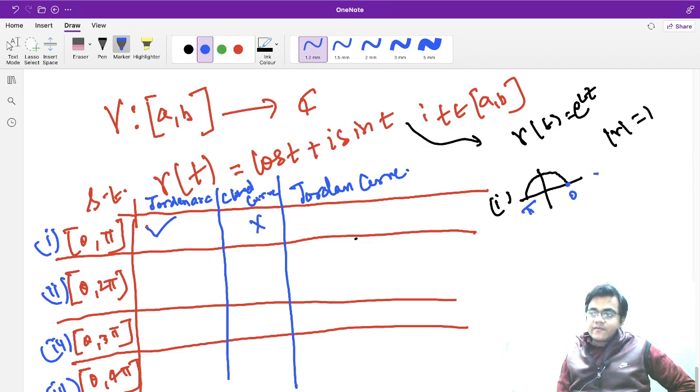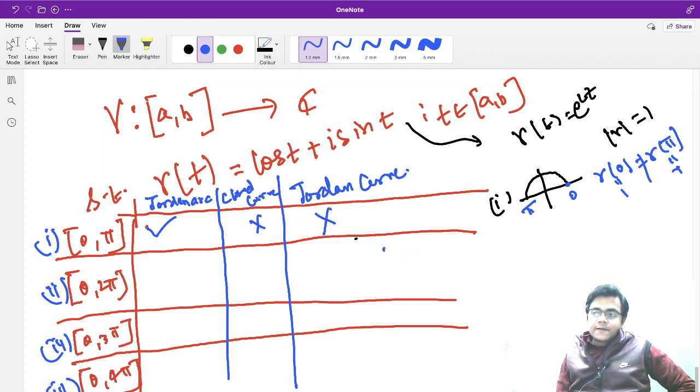Because for a closed curve, gamma of 0 should be equal to gamma of pi. Gamma of pi is cos pi, minus 1, plus iota sin pi, 0, so it becomes minus 1, while gamma of 0 is 1. So not equal, it's not closed. And a Jordan curve is a curve which is both a Jordan arc and closed. That is not the case here because it's not a closed curve.